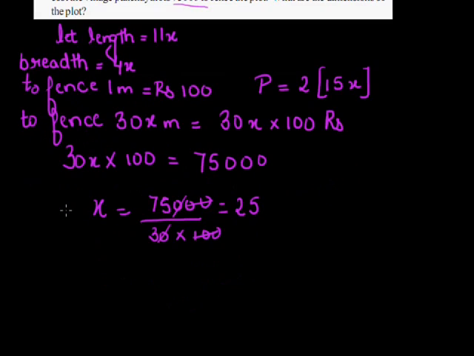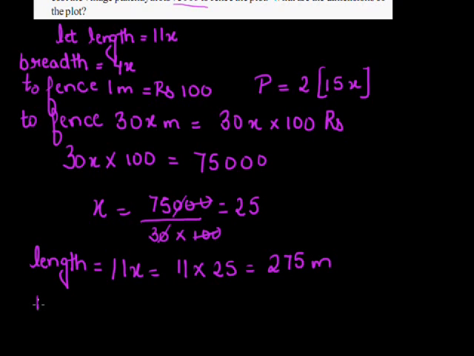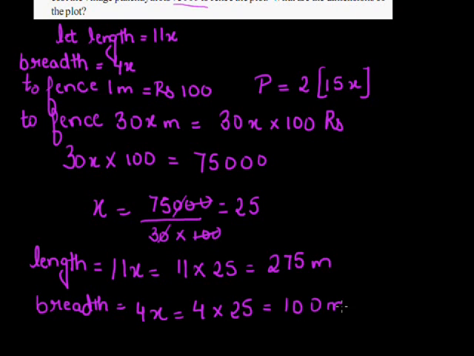Now if x is 25, the length will be equal to 11x, that is 11 into 25, that is equal to 275 meter, and breadth is equal to 4x, so 4 into 25, that is equal to 100 meter. So the length and breadth are 275 and 100 meter respectively.